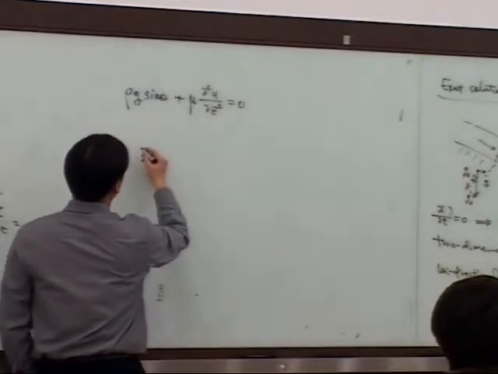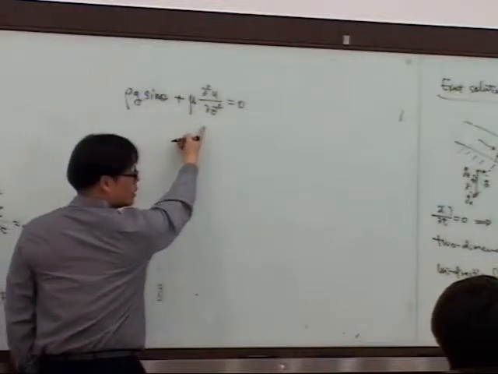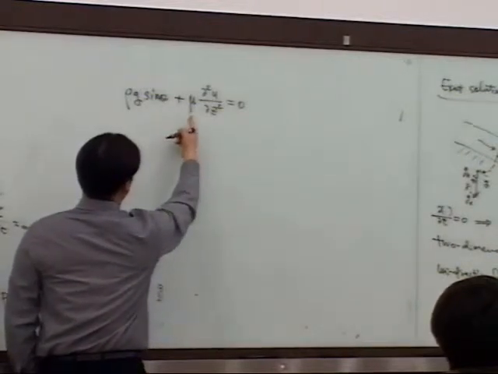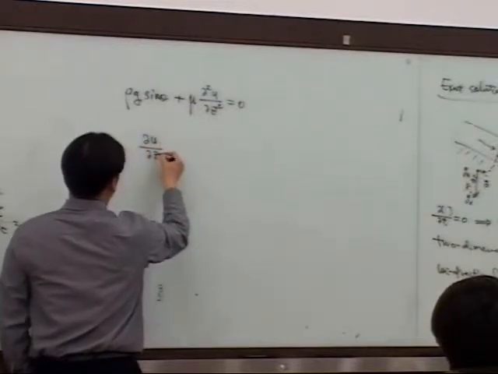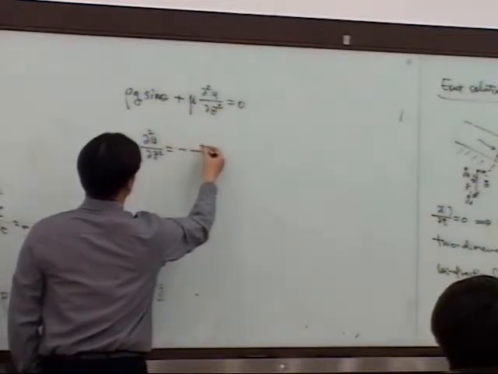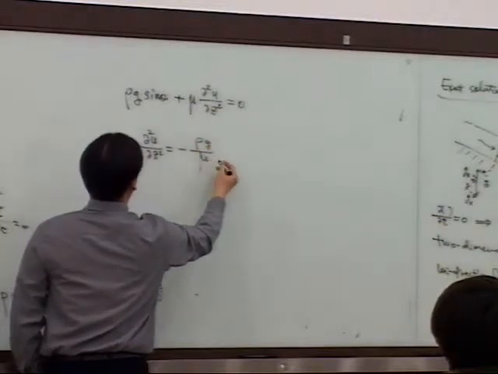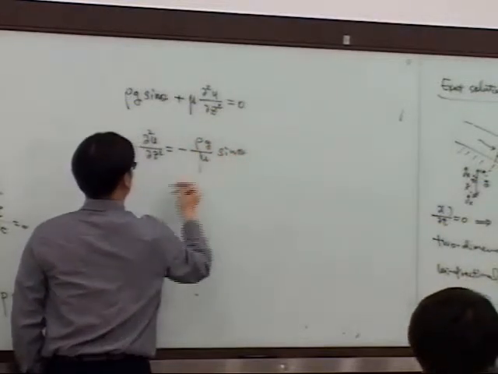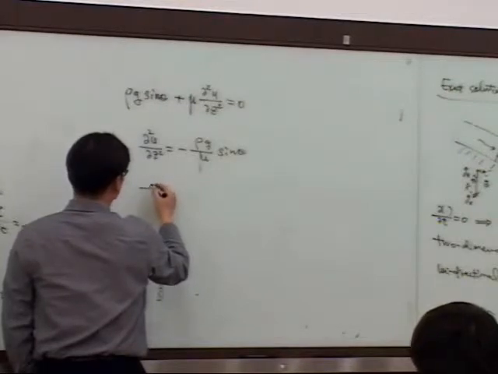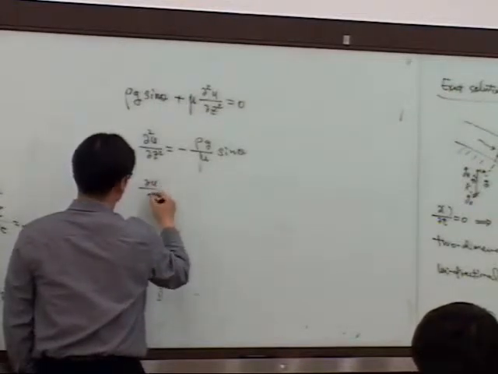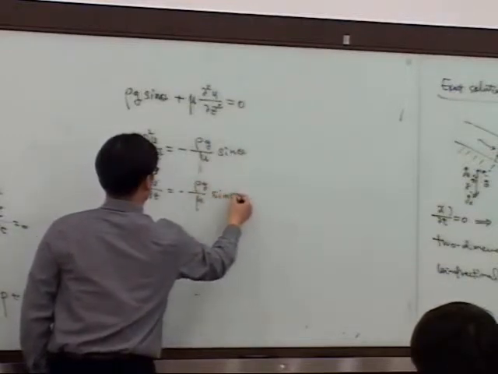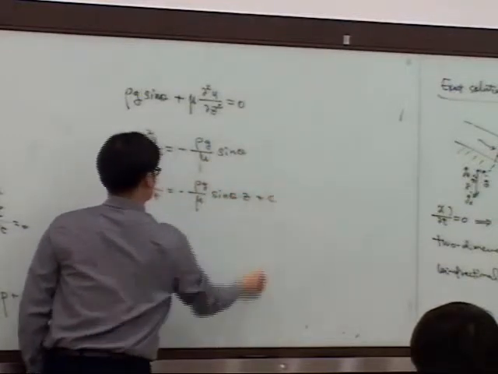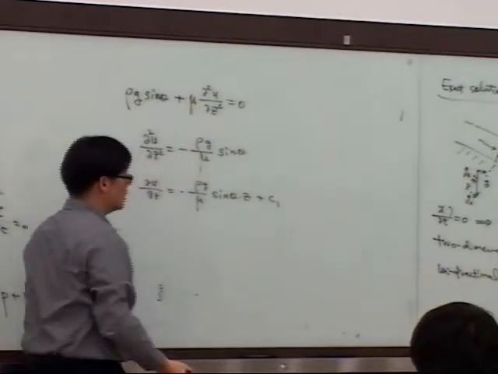At this time I can integrate twice. This is constant, so I divide by mu, and then I have du dz here is minus rho g divided by mu sine theta, and integrate once, plus constant, let me call C1.